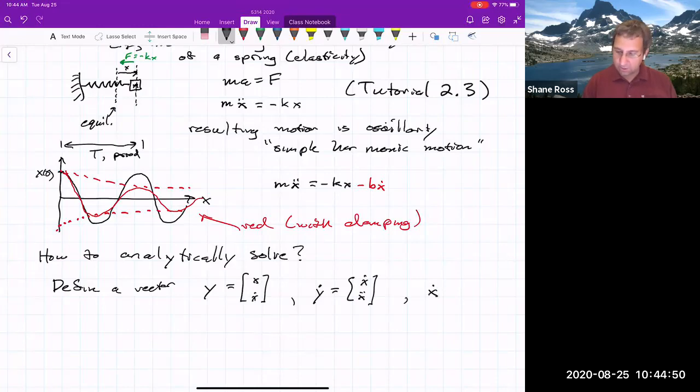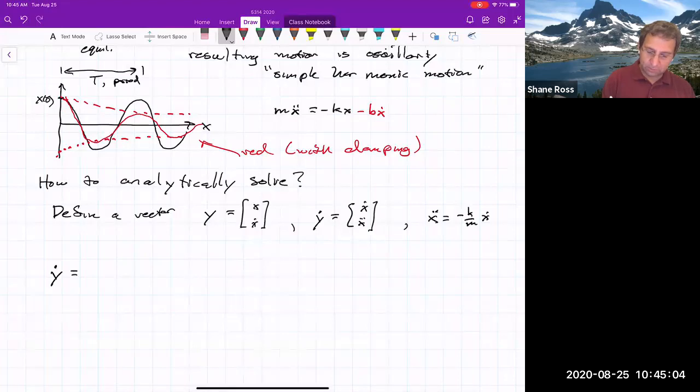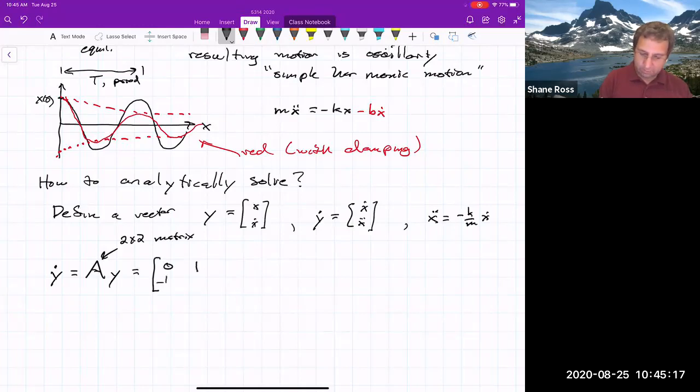Just first without damping, this is x double dot equals negative k over m x. So we want to write this in this vector notation. y dot equals a 2x2 matrix A times y. And this 2x2 matrix looks like 0, 1, negative k over m, 0. So this is A.